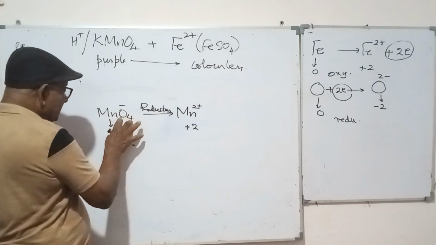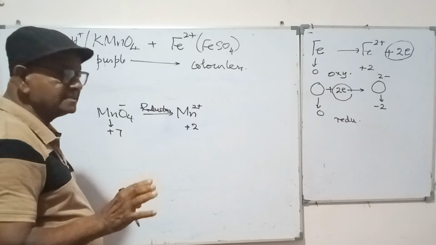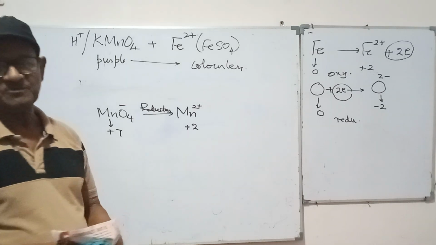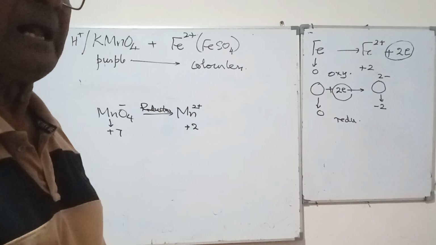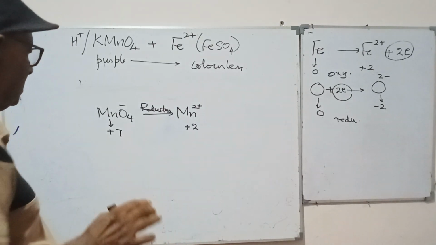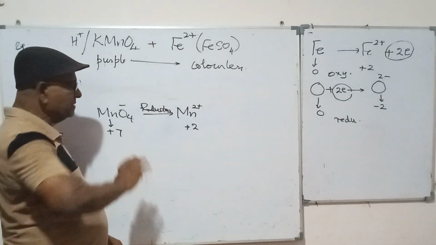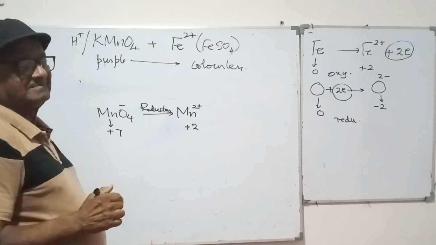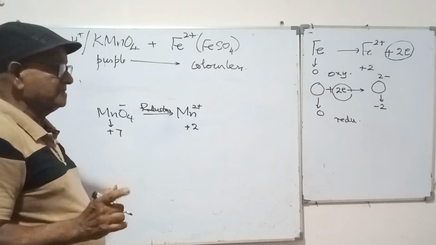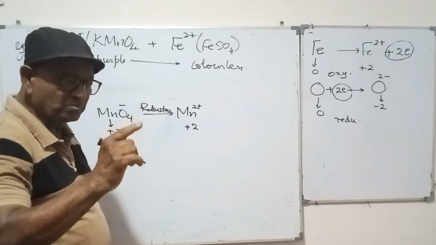Then, oxygen, 4 atoms here. Then we have to balance oxygen. As a rule, I'll tell you, to balance oxygen, we must convert oxygen to water. So it is very easy. Oxygen should be converted to water.